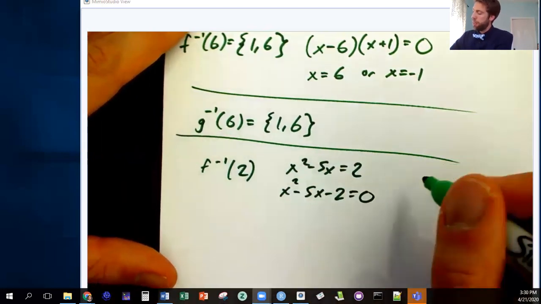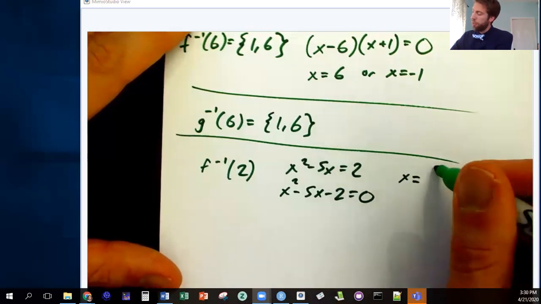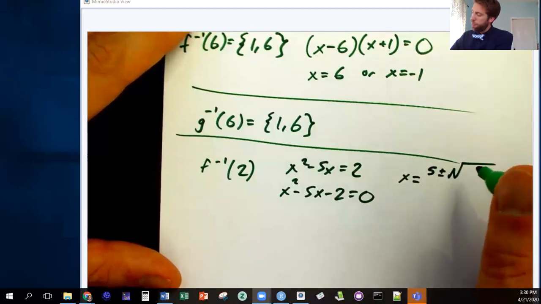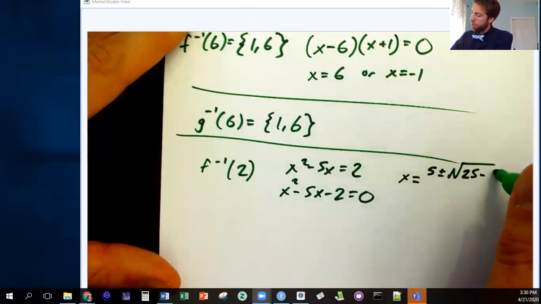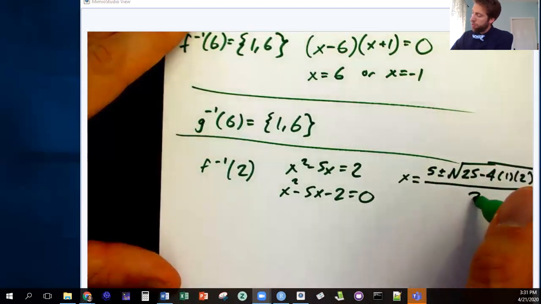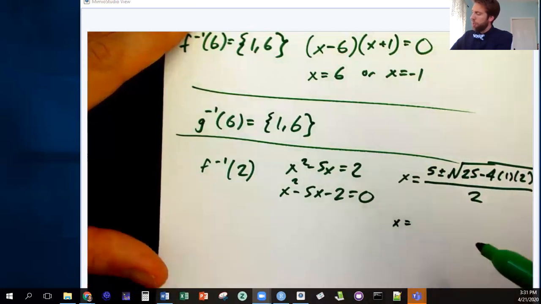Well, then we've got x equals, we'll use the quadratic formula. X equals negative b plus or minus square root of b squared minus 4ac, all over 2a.